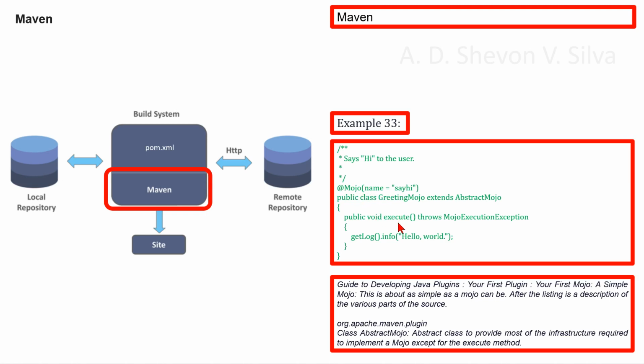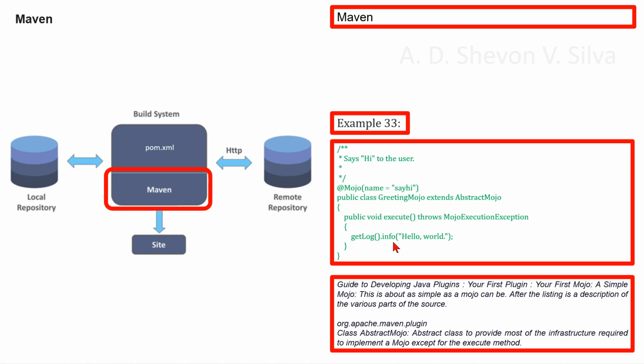The execute method can throw org.apache.maven.plugin.MojoExecutionException if a problem occurs. Throwing this exception causes a build failure message to be displayed. The getLog method defined in AbstractMojo returns a log-like logger object which allows the plugin to create messages at the levels of debug, info, warn, and error.